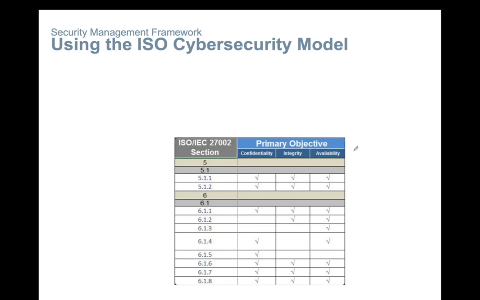Programmers and data entry people are responsible for data during processing. The hardware and server support specialists are responsible for stored data. The ISO controls specifically address security objectives for data in each of the three states.